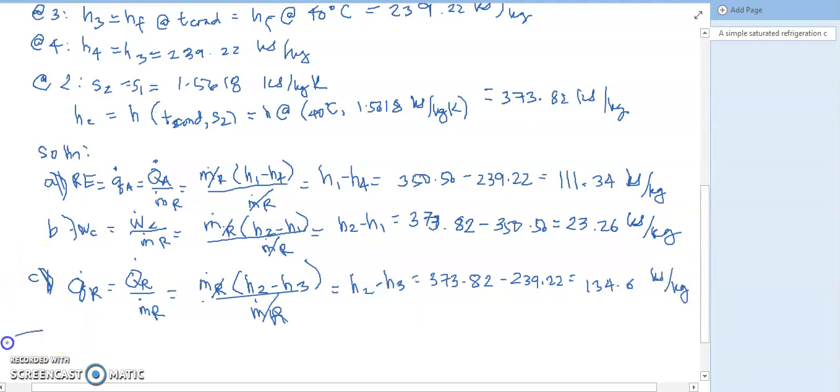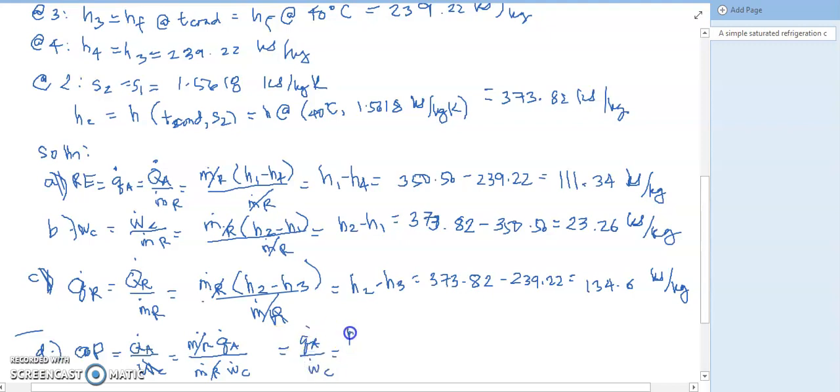And then, finally, for letter D, we will be having COP. So, that is QA over work ng compressor. Pwede siyang mass ng refrigerant times yung QA over mass ng refrigerant times ng work ng compressor. This is per kilogram kasi, so per kilogram din ito. Cancel out this one. So, we have QA over work ng compressor.